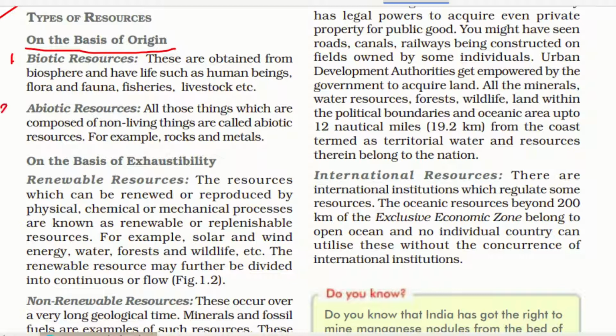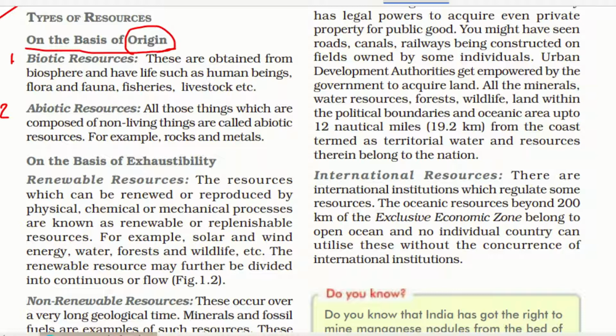So what are biotic resources? These are obtained from the biosphere and have life, such as human beings, flora, fauna, fisheries, livestock, etc. So what is meant by that? The resources are classified on the basis of origin. Okay, origin. So there the first one is biotic. What is the meaning of biotic? Something related to the biosphere, or something that has life, isn't it?